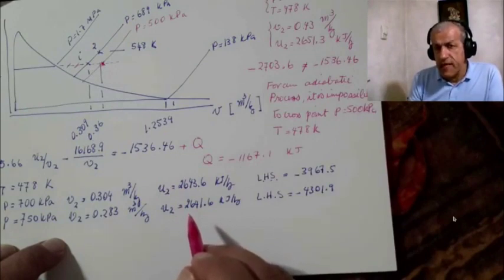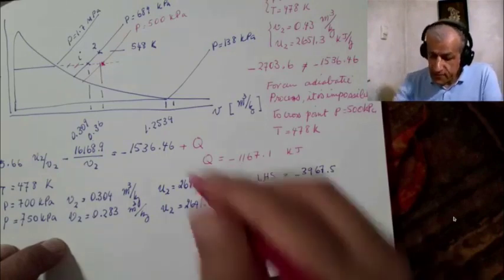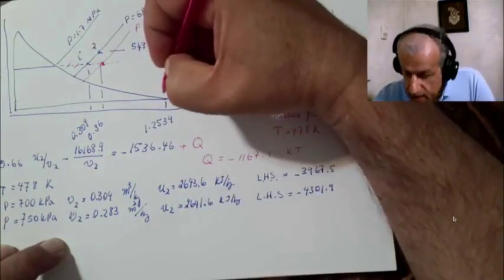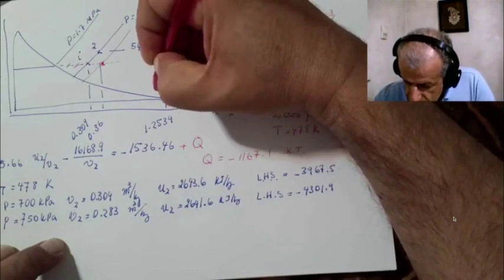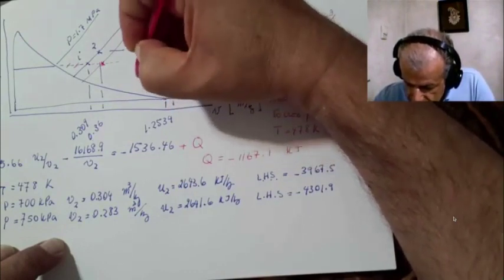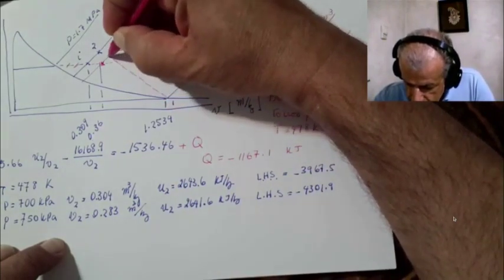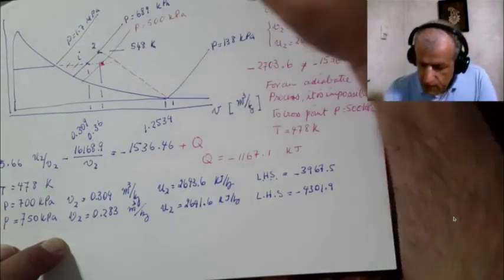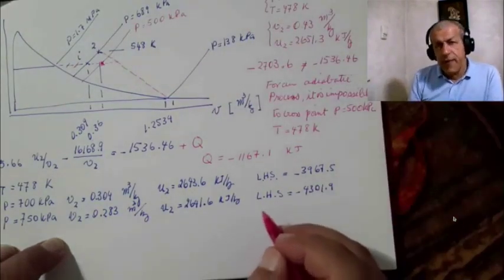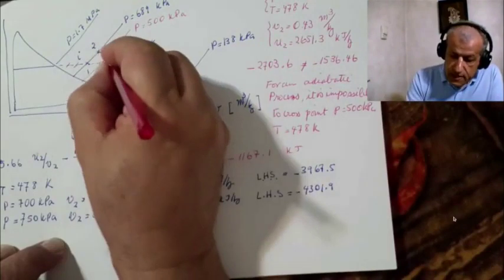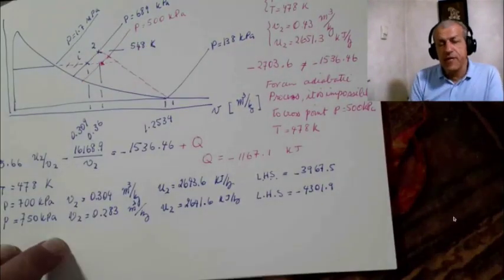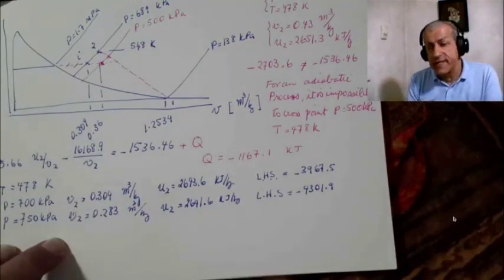But if it was adiabatic, what would happen? Could it be adiabatic? I mean, the adiabatic process goes over this line. So the adiabatic process could cross the line P equals 500 kilopascals at some point.